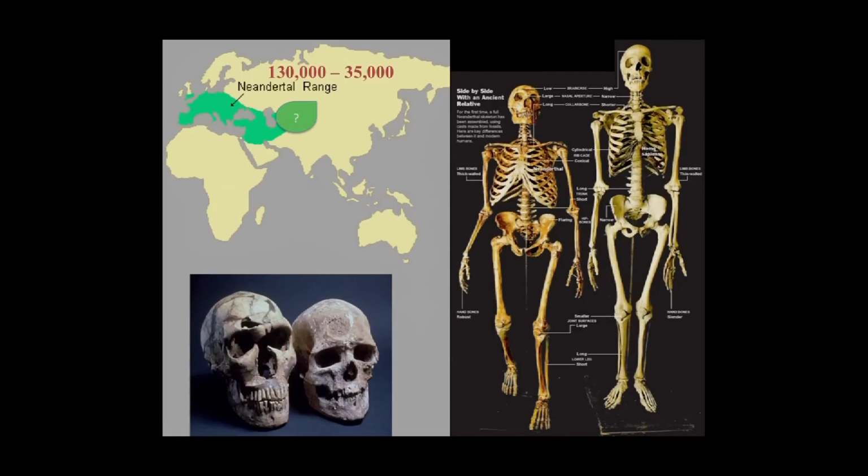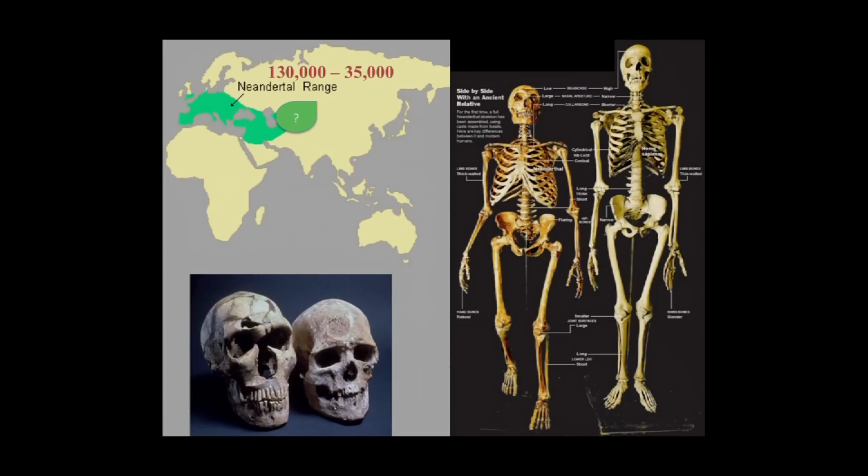A very important paper by one of our conference organizers and her collaborator argued that Neanderthals actually were not especially cold adapted, and in particular they don't seem to have been culturally cold adapted, and yet they have these very stocky bodies that would seem to follow Bergmann's rule, which argues that you're going to have a more globular body plan in a colder climate. But at any rate, they had differently shaped crania, as you can see below, and quite differently shaped bodies.